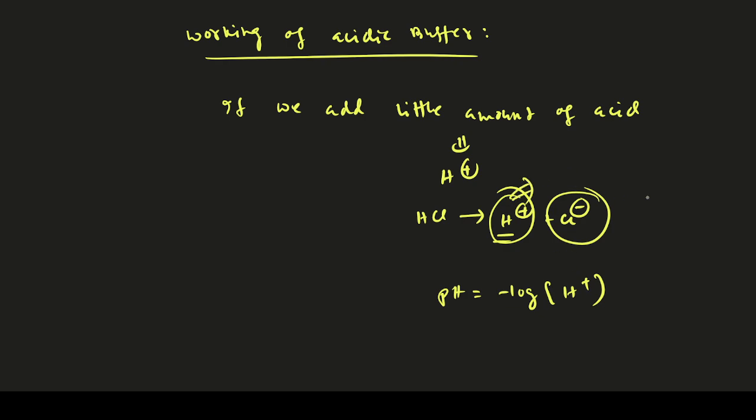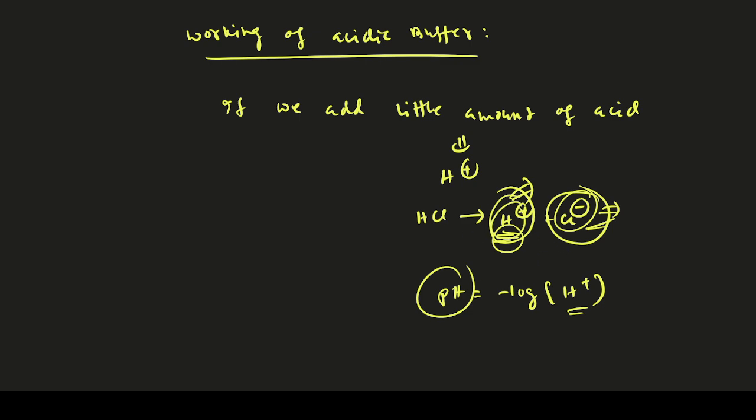If the concentration of H plus increases, then what is the effect on the pH? And the Cl minus will react with other anions present in the solution, and we are not considering much on it. We consider only the H plus concentration.